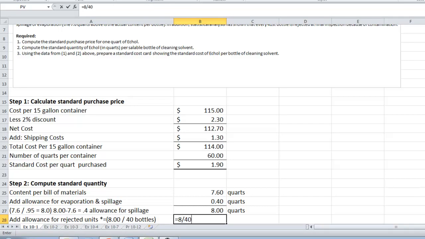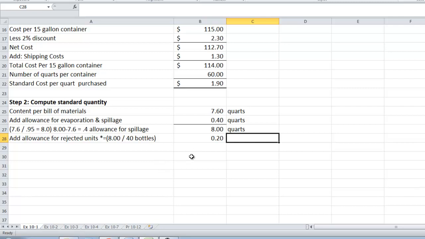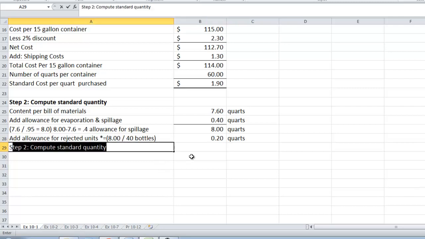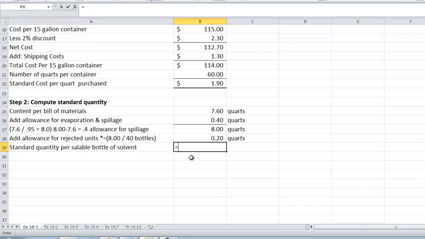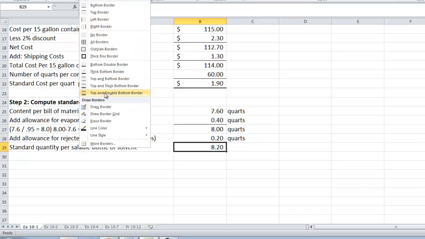Equals 8 divided by 40, 0.2 quarts. So our standard quantity per saleable bottle of solvent equals the 8 plus the 0.2. So 8.2 quarts is our standard quantity.